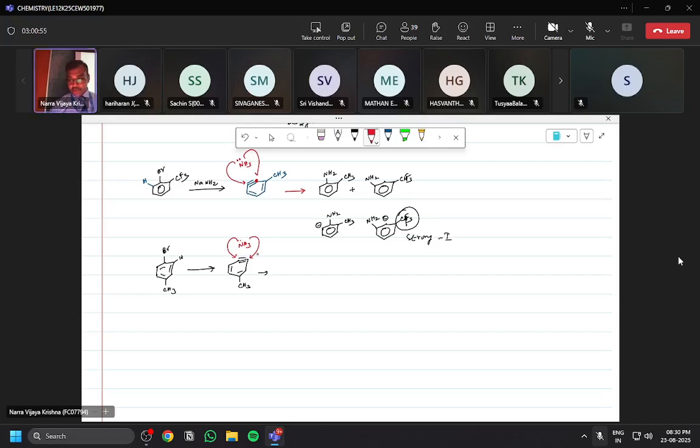If it attacks here, I will get negative charge here. If it attacks here, I will get negative charge here. In which case, the effect of methyl is weak.